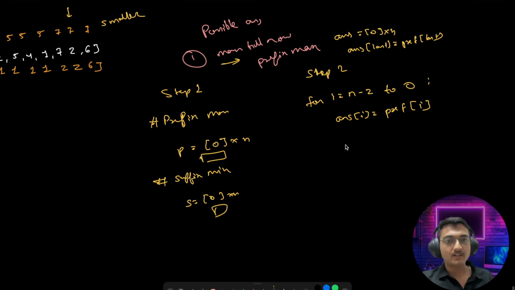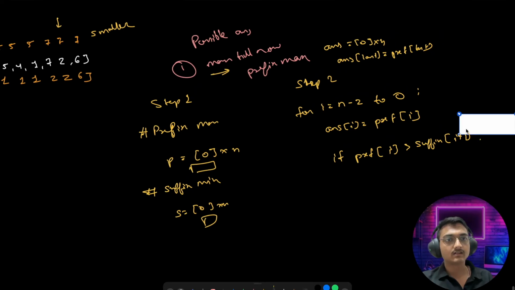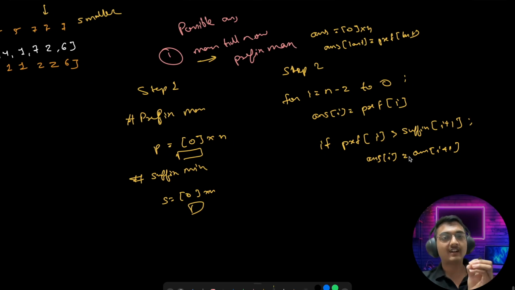If prefix of i is greater than suffix of i plus 1, then my answer of i would be answer of i plus 1. Now, what did I just do here? This is the only part of the solution for this question, and we will be done.